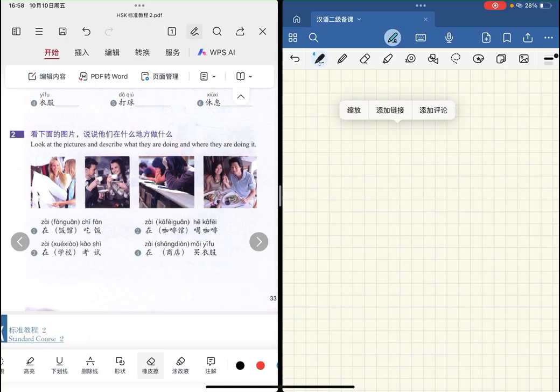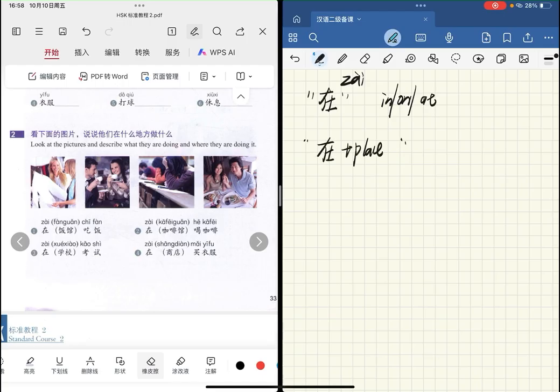We need to know the preposition 在. It means in, on, or at here. 在 at a place indicates a location or position. So 在 plus a place forms an adverbial phrase, which can modify a verb or an entire sentence.